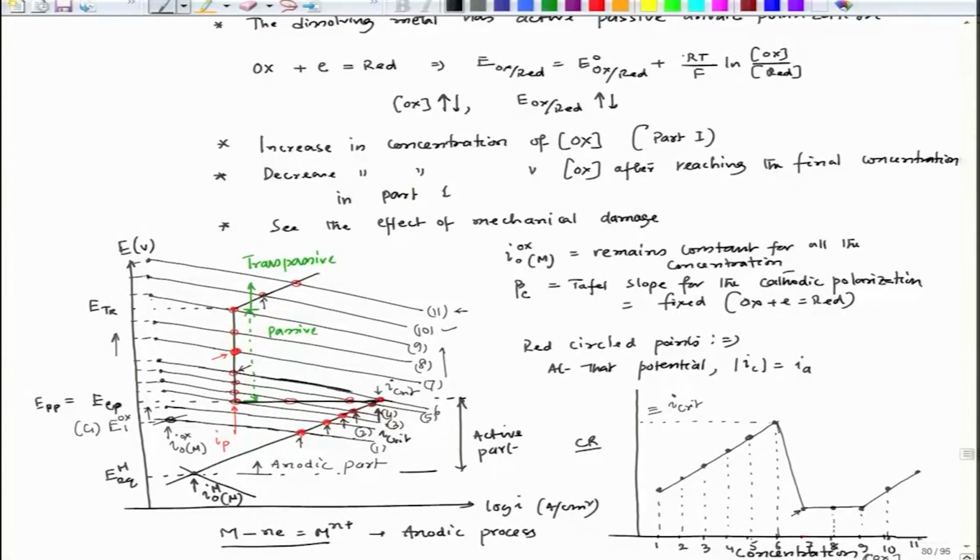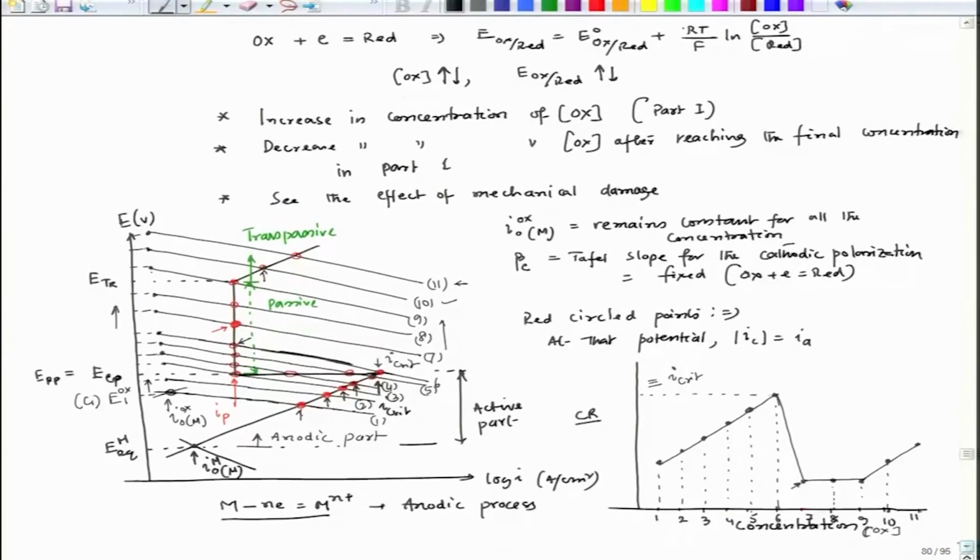Now, once we do this, after that if we decrease the concentration from 11 till 1, what will be the situation? If I go from 11 to 1, let us say I draw it with a blue color.